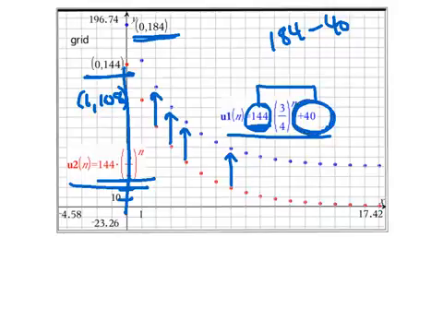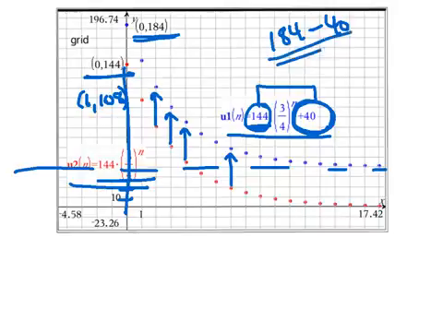And what that's doing is telling me, if I draw in my shift, I moved everything on my graph up 40. So what this 184 minus 40 is telling me is how much above my shift am I?